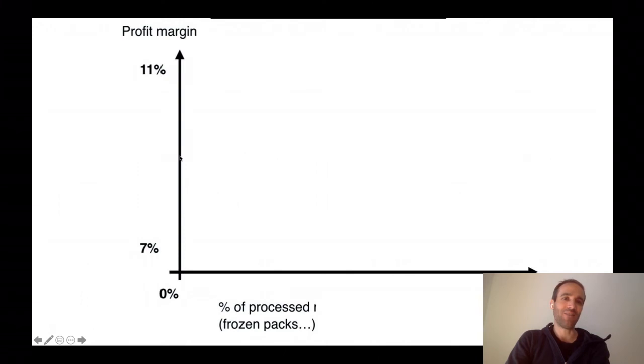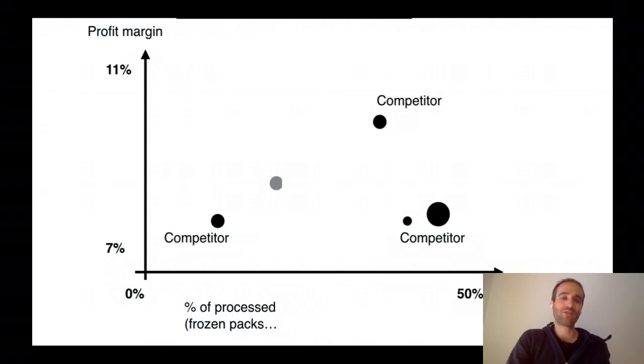On the y-axis he plotted the profit margin of the companies in the space, and here he plotted the percent of processed food of the products that the company sold. Then he proceeded to plot the various companies in the space. So you have a competitor here, another one here, here, here, and this was their client. The client wanted to grow and acquire another competitor.